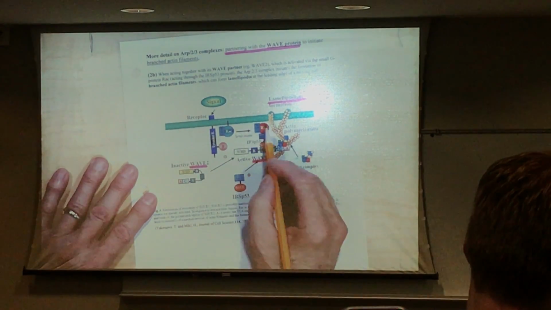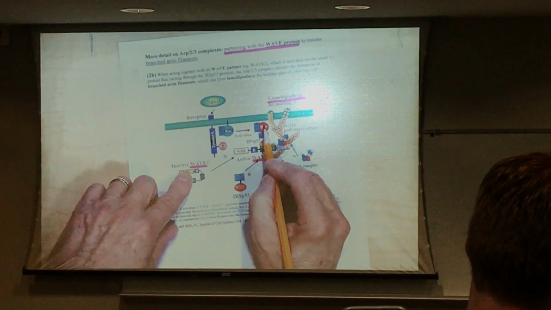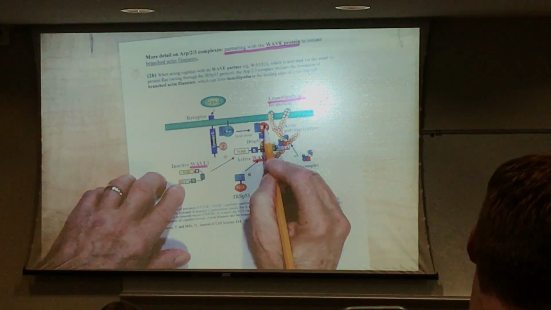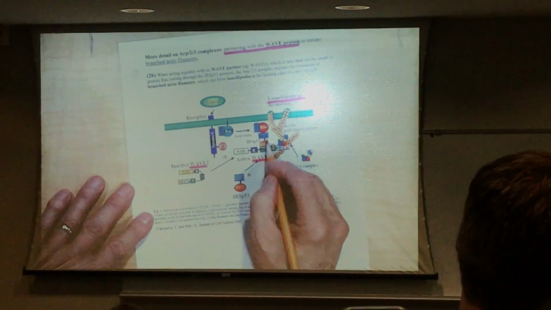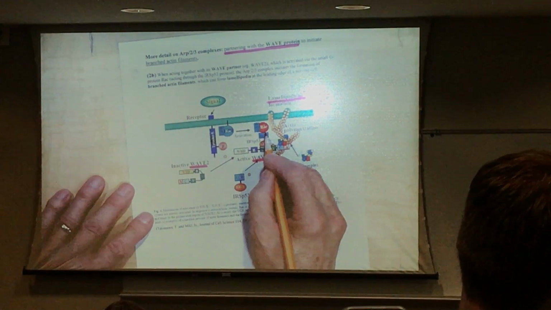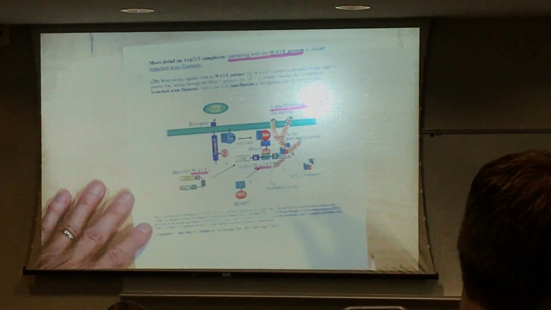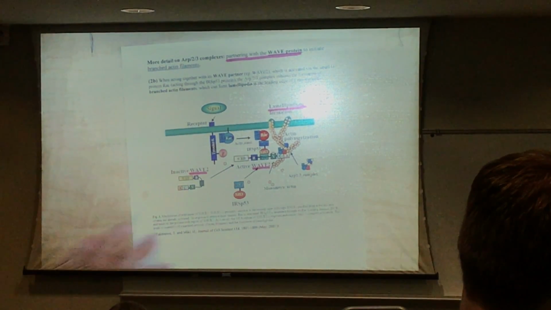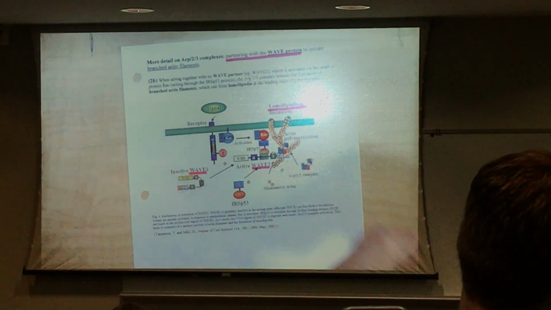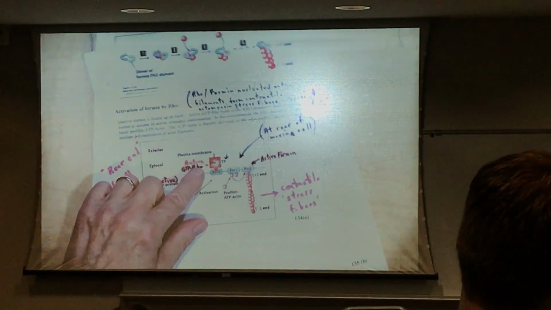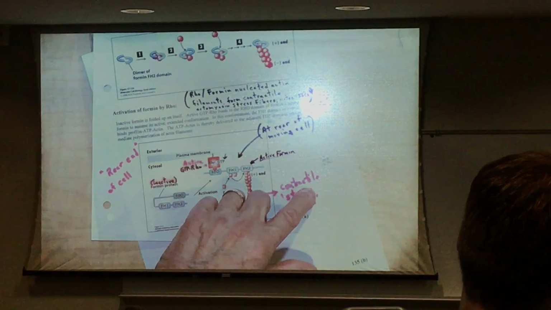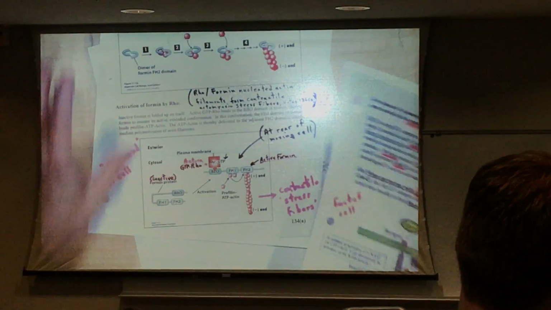Now, in this case, the small G protein doesn't directly interact with the WAVE. There's a kind of adapter protein we call IRSp53. You don't need to remember that. I just want you to remember that it is Rho that activates formin, that it is CDC42 that activates WASP, okay?